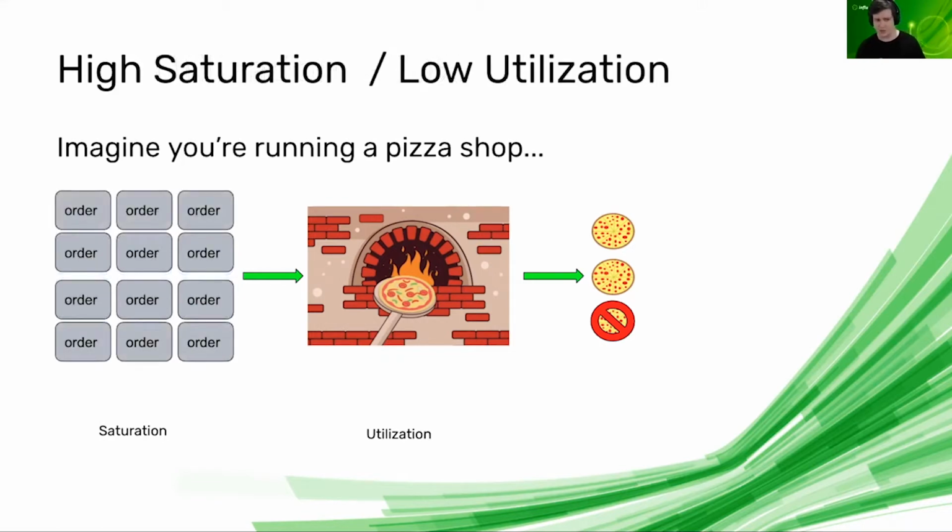And then there's a situation that you might not think of readily, which is to have really high saturation but low utilization. This can come up because we typically look at utilization over time. Suppose I was at 100% utilization for a 5-minute window, but I'm looking at utilization over an hour window. It's going to look like I wasn't very utilized.